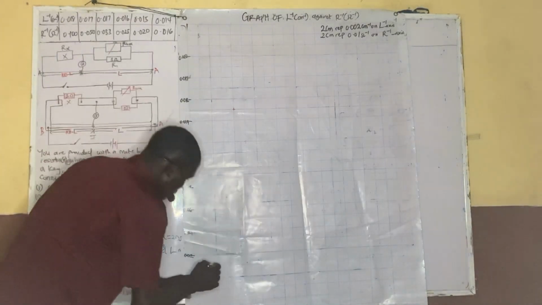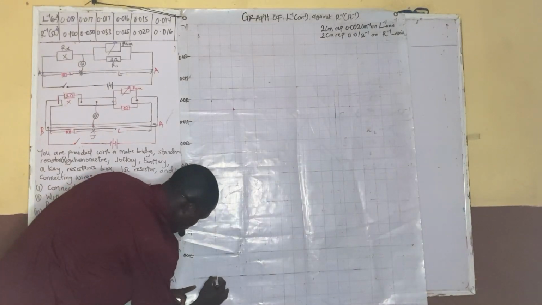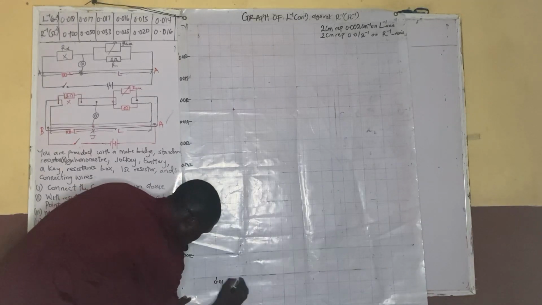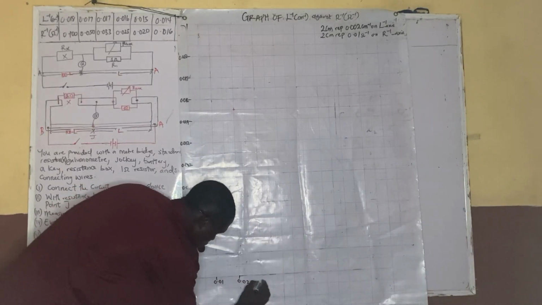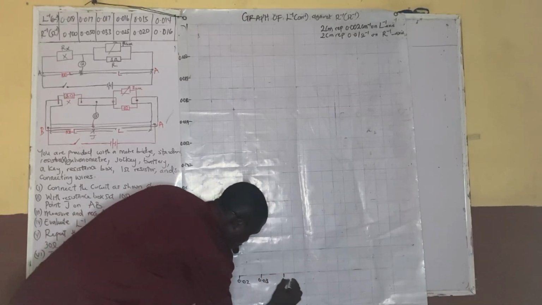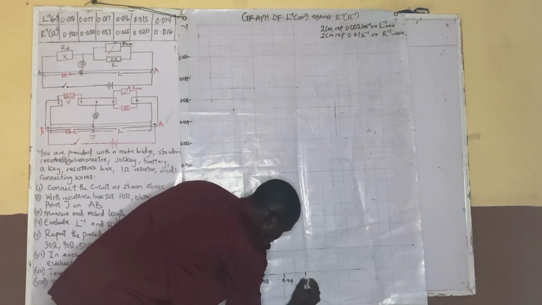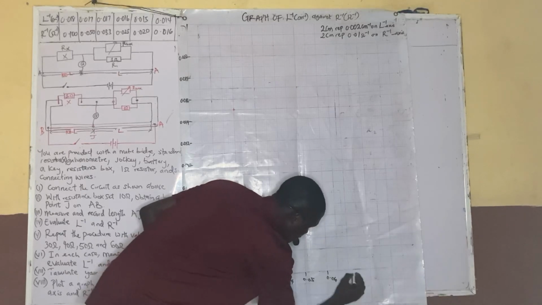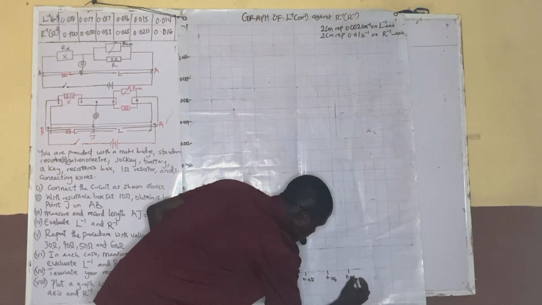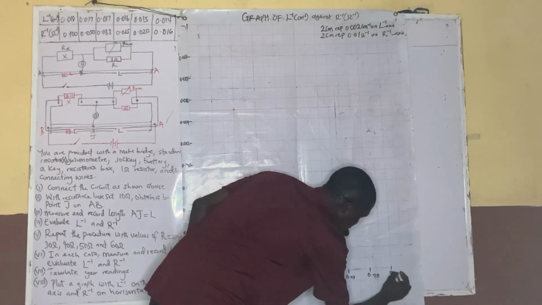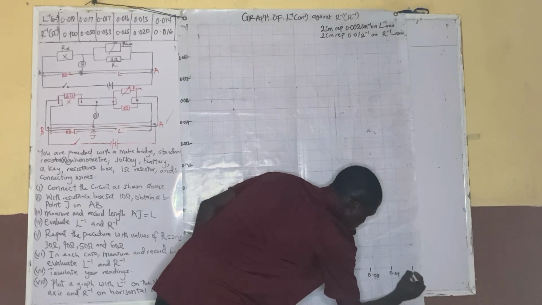So now this one will be our 0.0. So this one will be 0.01, 0.02, 0.03, 0.04, 0.05, 0.06, 0.07, 0.08, 0.09, 0.10.